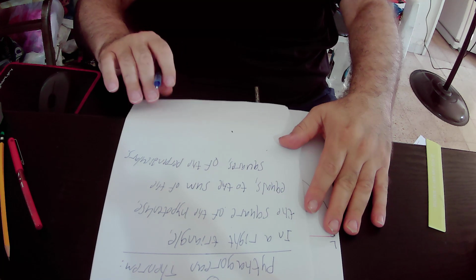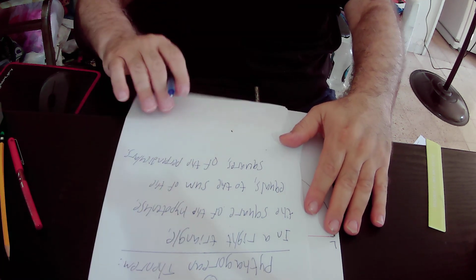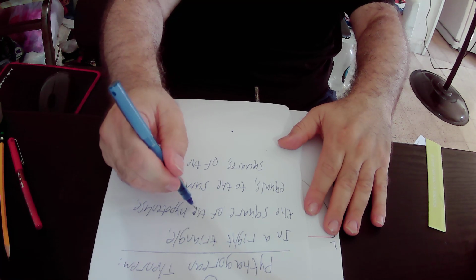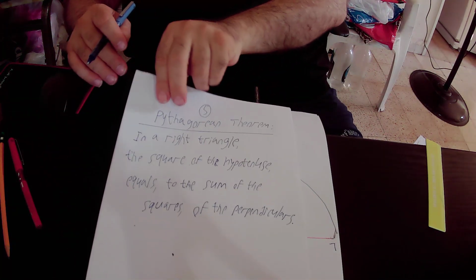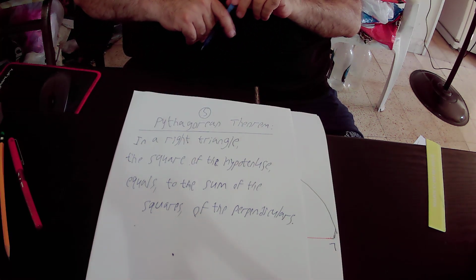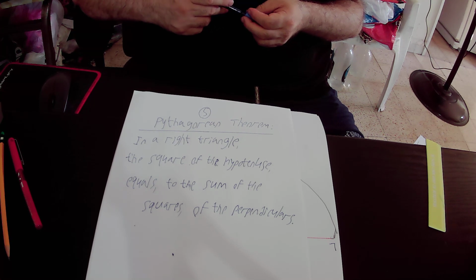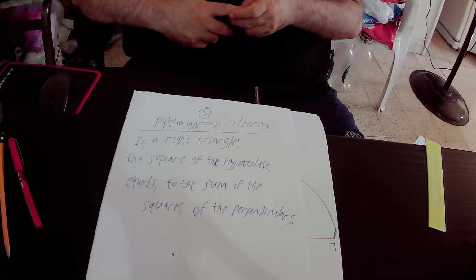I will read again the Pythagorean theorem. So the Pythagorean theorem states that in a right triangle, the square of the hypotenuse equals the sum of the squares of the perpendiculars.